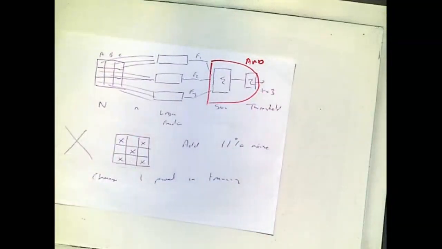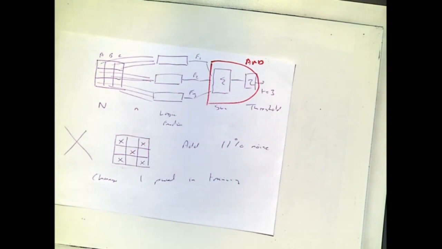In other words, I'm looking for a response of 1 on each of the inputs before the output is 1. So that's where the term AND generalization comes from.